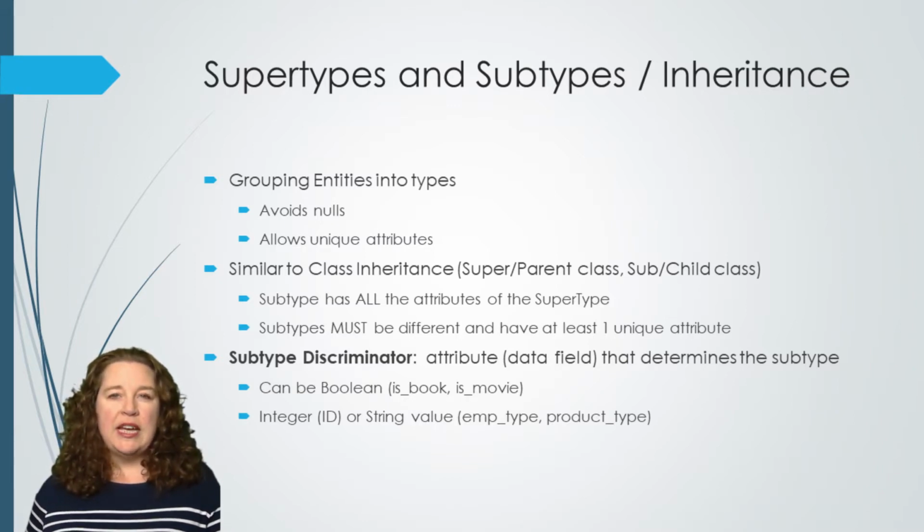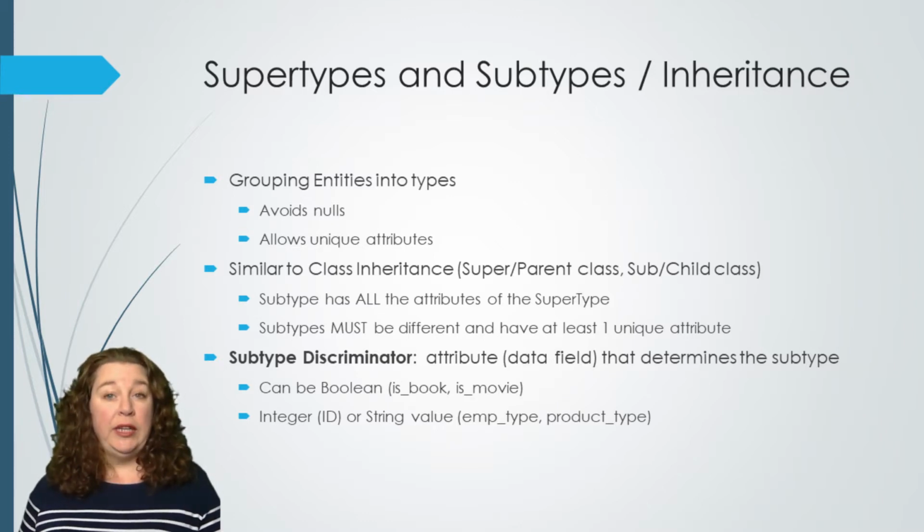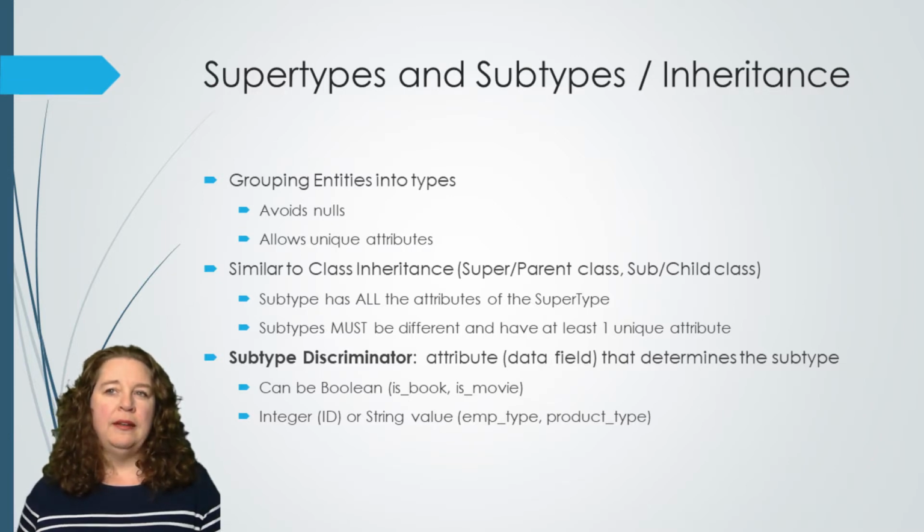A couple of different types that we have in there, and you can have those types either be, say, a Boolean, is book, is movie, is CD, is music, or you could have it be an ID field that could be either an integer or a string. So like your employee type or your product type, different types of ways of describing your subtype to your supertype's class.